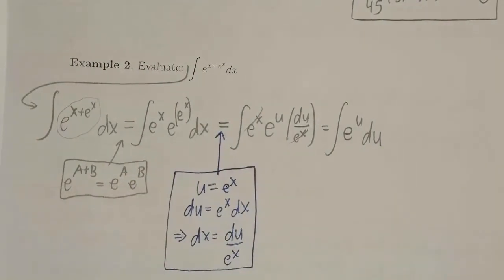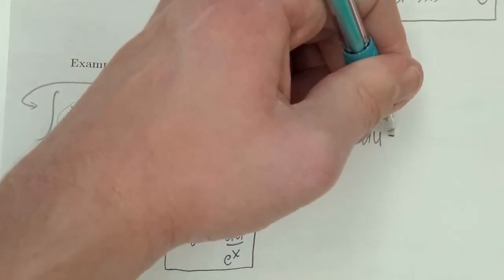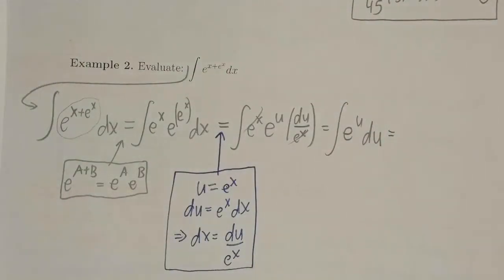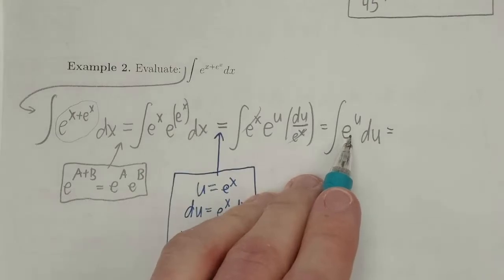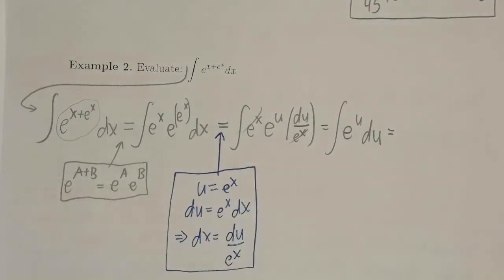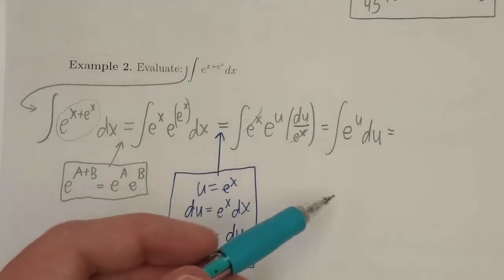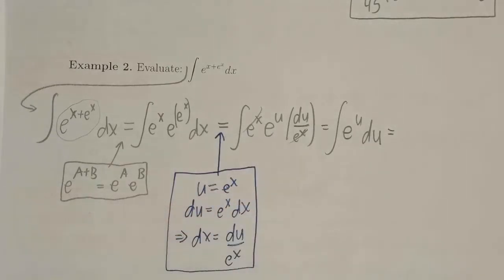Okay? And then noting the correct antiderivative for e to the u, what would this then equal? So the antiderivative of e to the u with respect to u should be what?